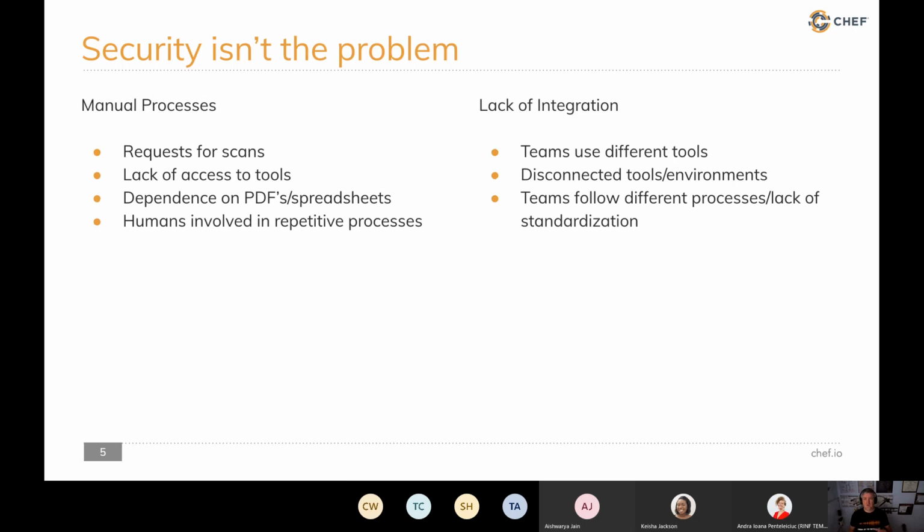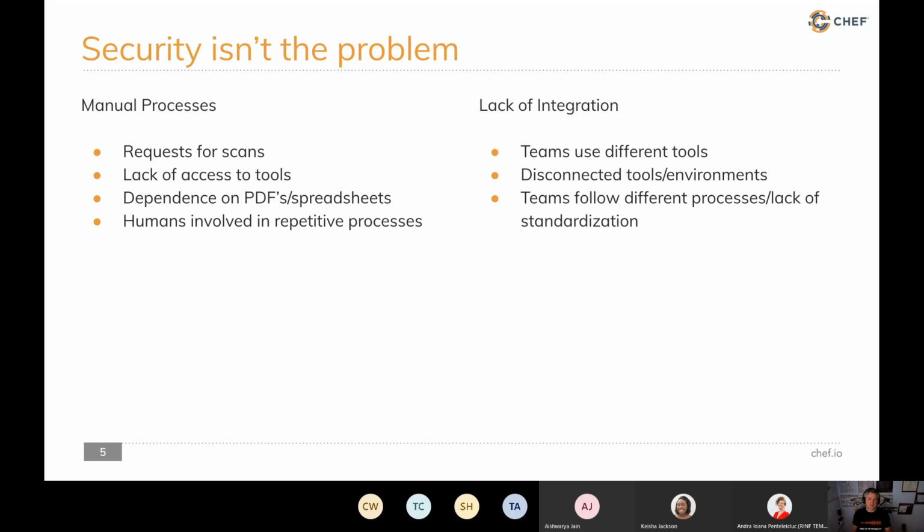So the simple reason is, everybody knows that security is important, right? It gets left to the very end because of security processes, and those things tend to fall into two primary buckets, right? We have manual processes and we have lack of integration, meaning humans are involved in all of these things and we have to shuffle the things back and forth.